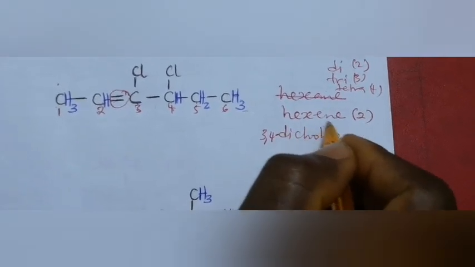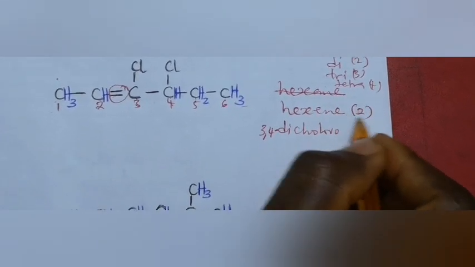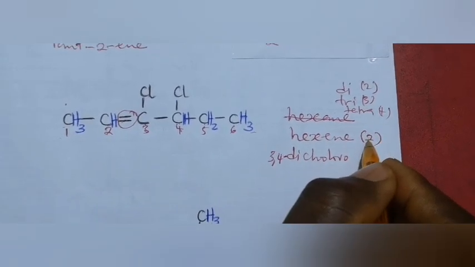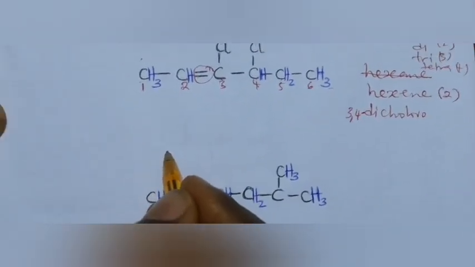Hexene. But with this hexene, we are identifying where the double bond is. Double bond is at the second carbon atom. So now let's see how we can name this compound properly.